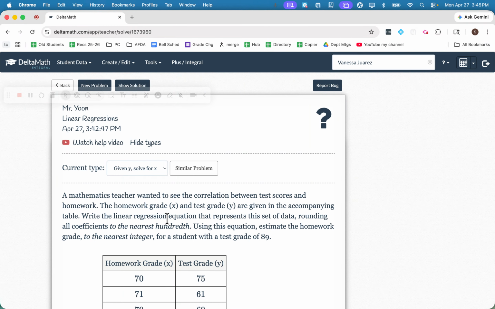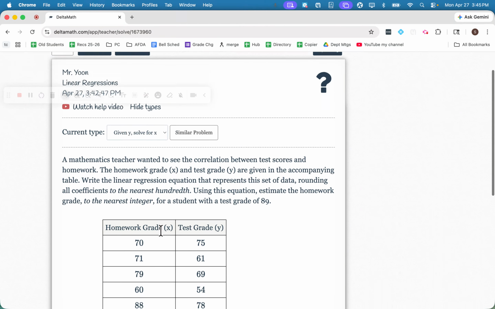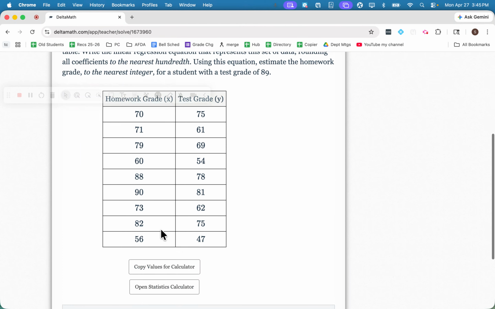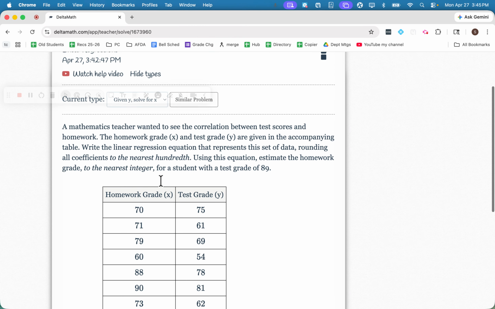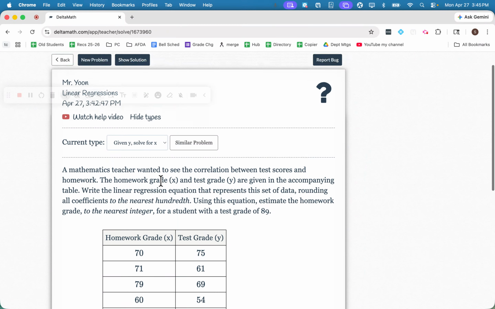So it's a word problem, and you're going to use a calculator to draw the line that has the best slope and the best y-intercept that gets close to these x and y's. It's not going to hit them on the nose, but it'll come close, and then you're going to use that equation to answer some questions.